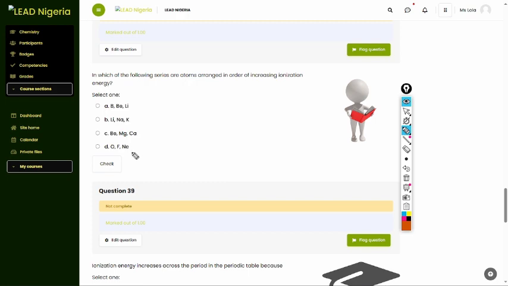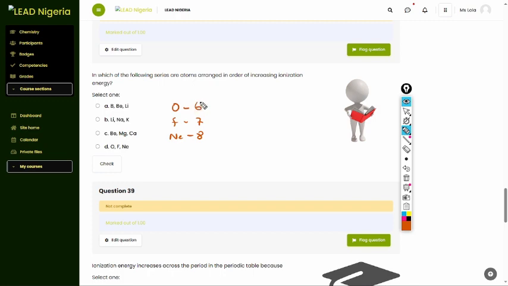But when we look at oxygen, fluorine, and neon, they all belong to the same period 2, but they belong to different groups. Oxygen belongs to group 6, fluorine belongs to group 7, and neon belongs to group 8. The group they belong to also denotes the atomic number.